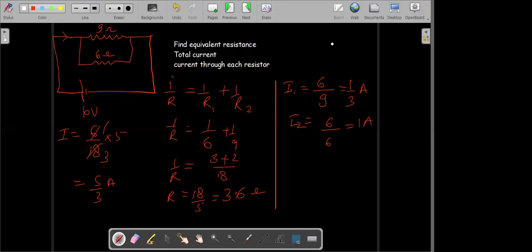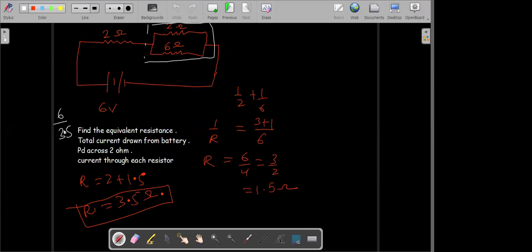Yeah, so these were the circuits which we did yesterday. Anyone who is finding any difficulty in this circuit? No, sir.